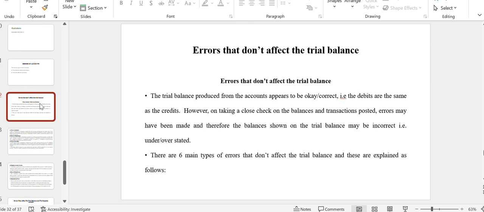But in the ledger account, you have committed some errors, and these errors do not affect the balance. What are these types of errors that, if you commit them as an accountant, will not affect the trial balance?